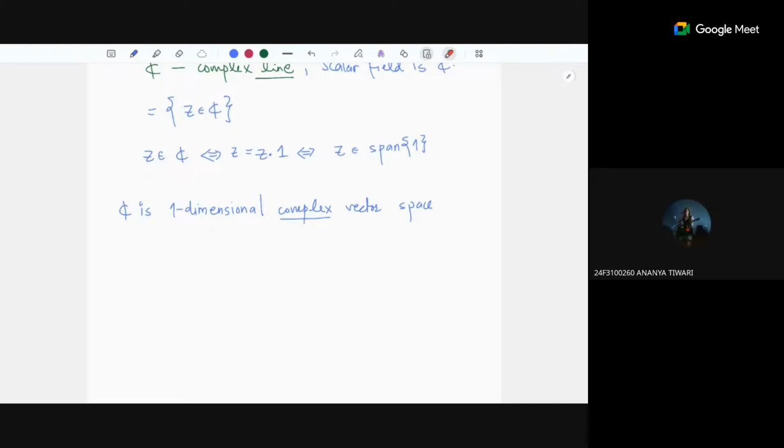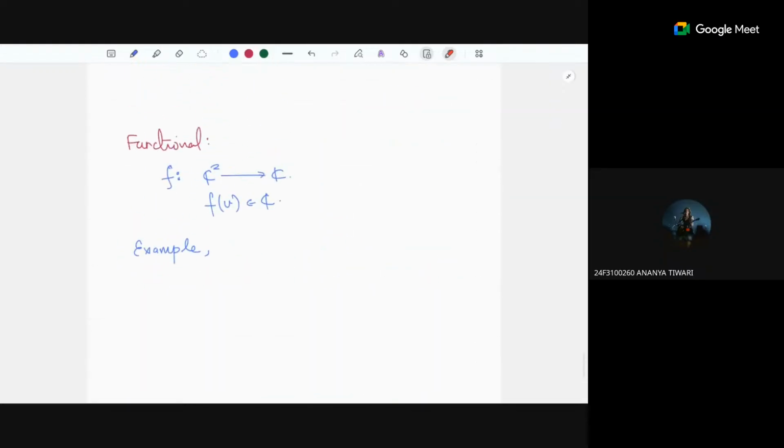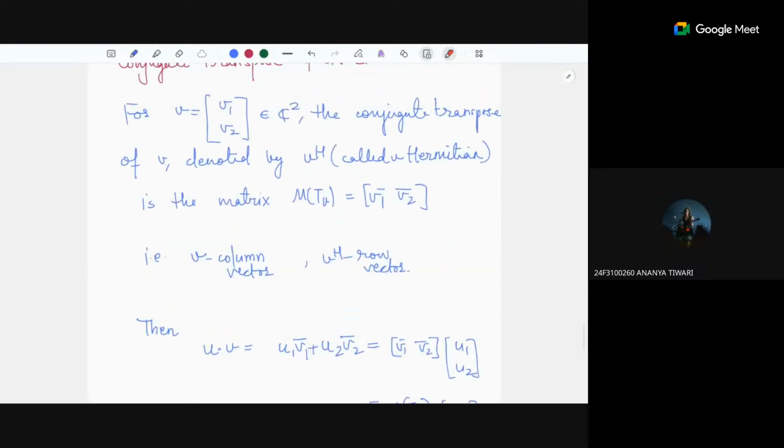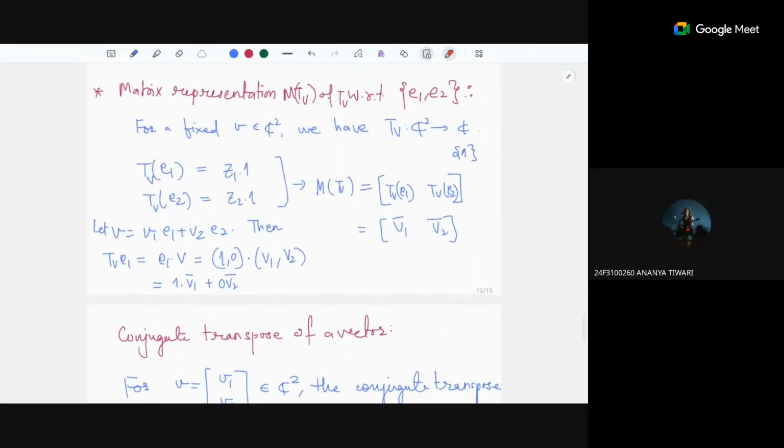Can we think of that earlier thing as z dot e1, then it would be z1 z2 dot (1, 0). Then we will get z1 into 1, because if we take the conjugate of 1 we will get 1, and conjugate of 0 would be 0.